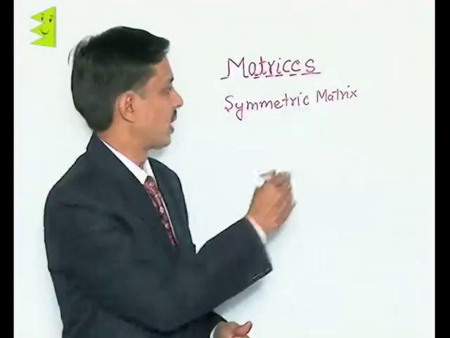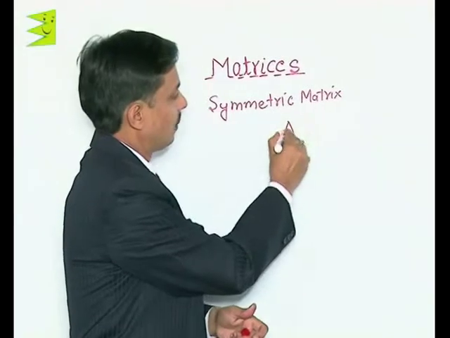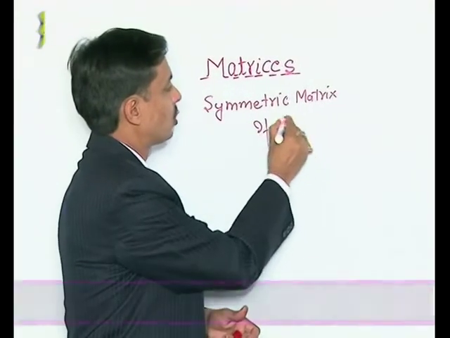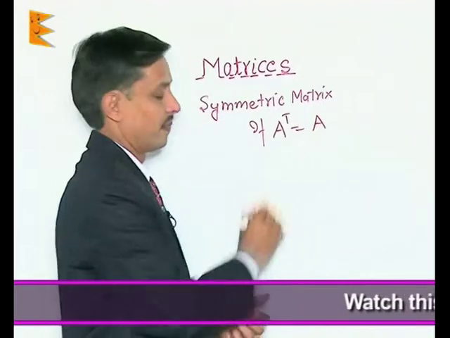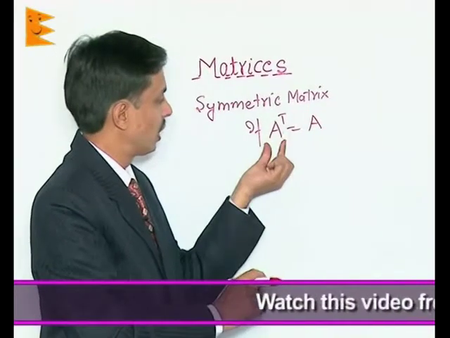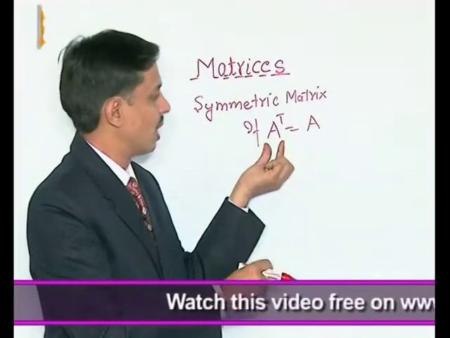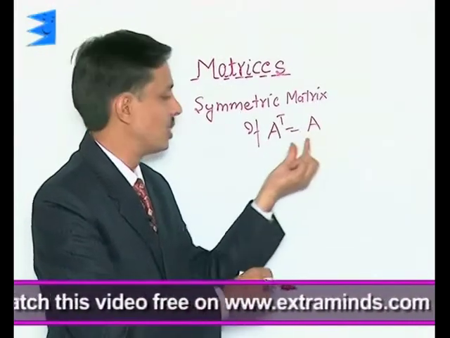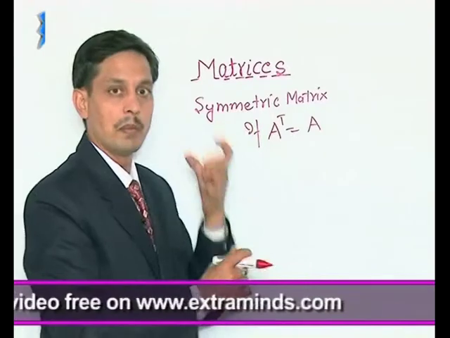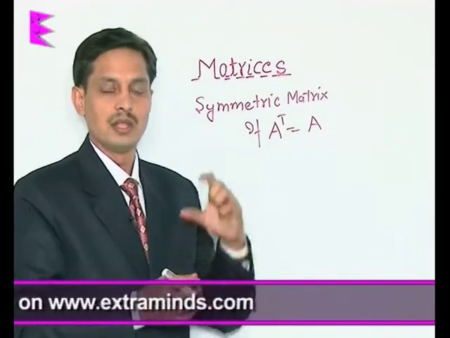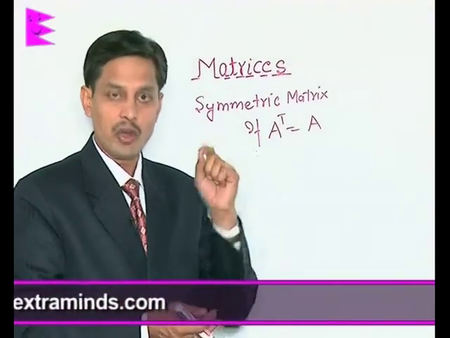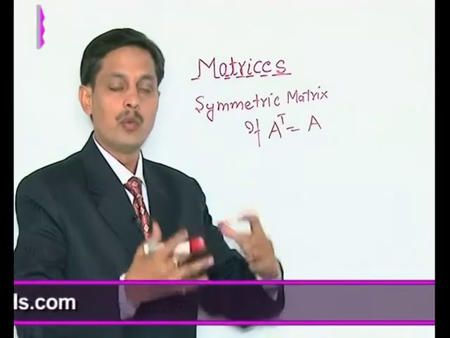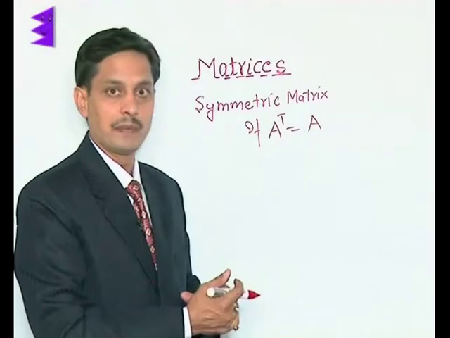You can write that if A transpose is equal to A, that means if a square matrix is transposed, we again get the same matrix, then we say that it is a symmetric matrix.